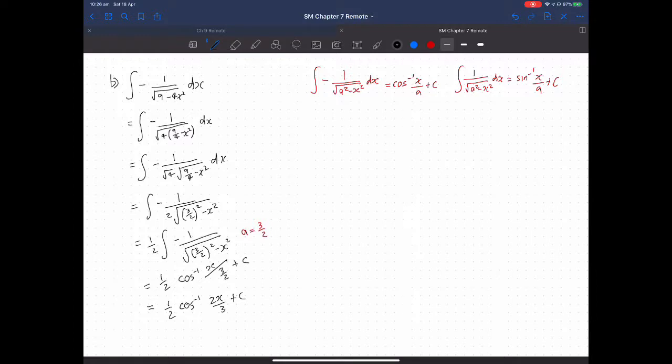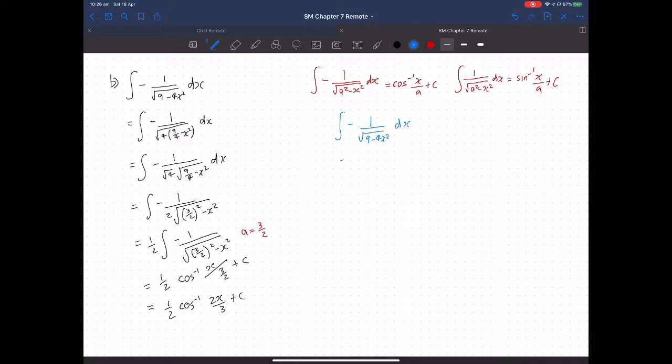Now, if you typed that question in your calculator and asked it to evaluate it for you, it would actually give you an answer in terms of inverse sine. So the question now becomes, why is that? If we relook at our question, what we had was the integral of minus 1 over the square root of 9 minus 4x squared dx.